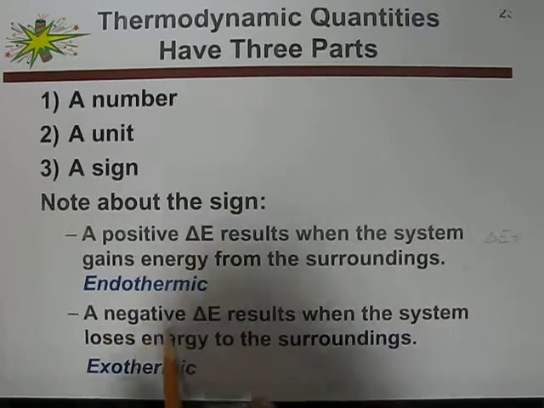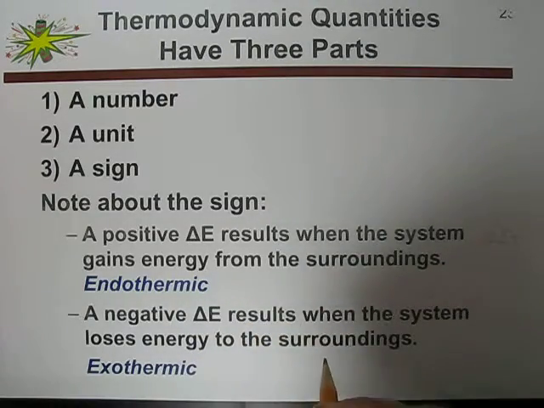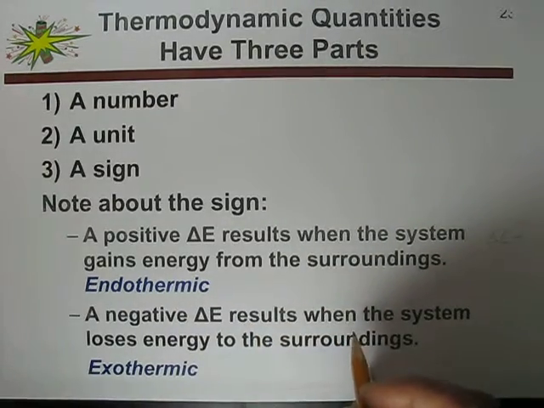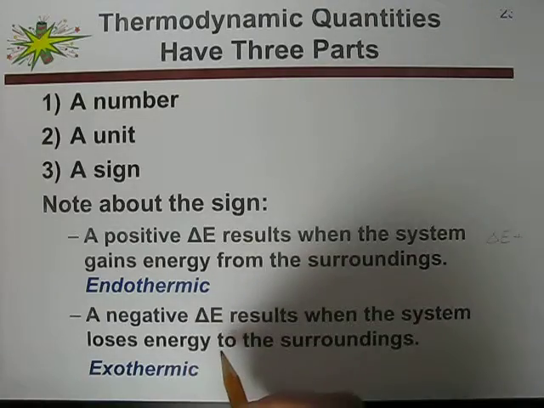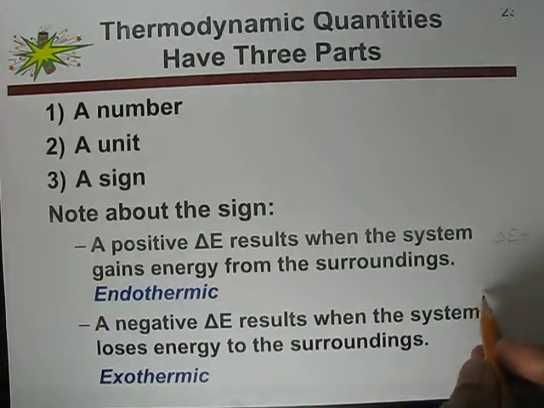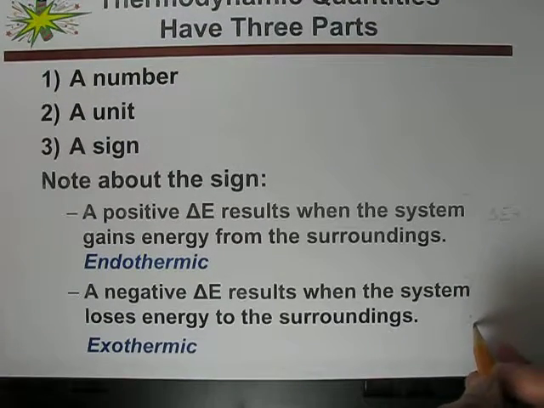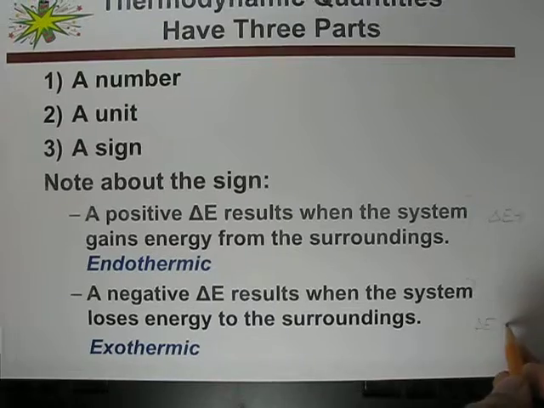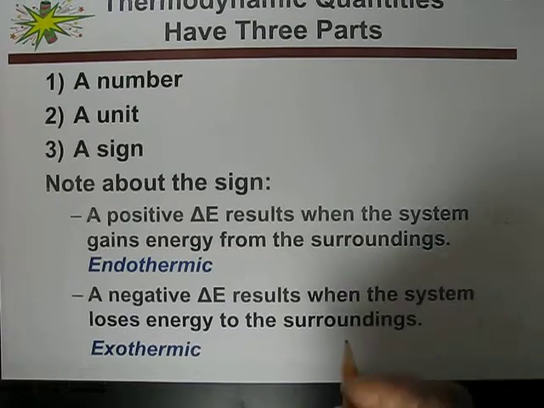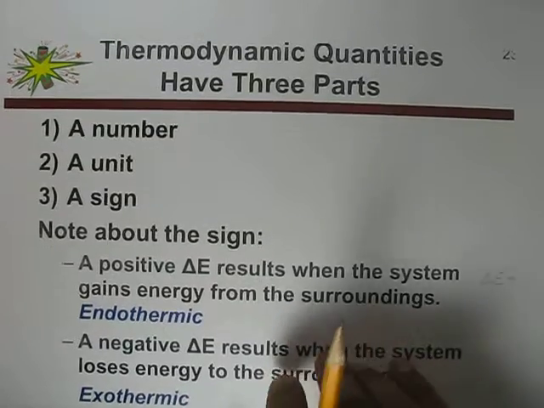And if delta E is negative, the total internal energy decreases when the system loses energy to the surroundings. So when the system loses its energy to the surroundings, delta E becomes negative, and the reaction is called exothermic.